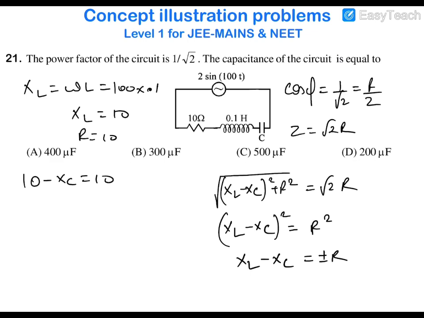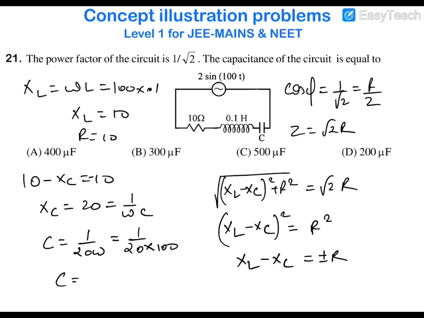So obviously we can think that this would be minus 10 and XC would be 20. And if XC is 20 and XC is 1 upon omega C, so C will be equal to 1 upon 20 omega. And this is 1 upon 20, omega is 100. So C will be equal to 500 microfarad. So now we move on to the next question.